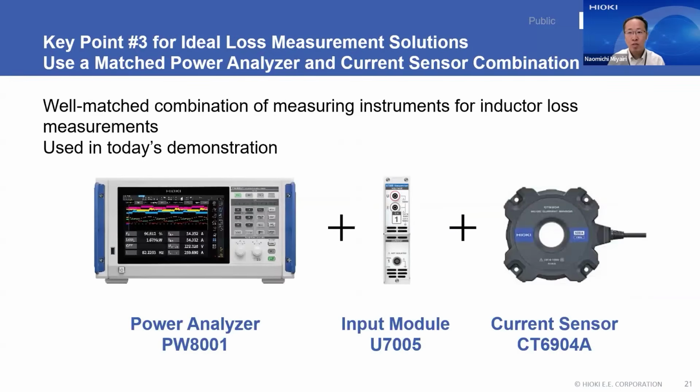So for today's demonstration, we'll be using this combination of power analyzer, input module, and current sensor. So as we discussed in key point number 3, using a validated combination is essential for reliable inductor loss measurements.